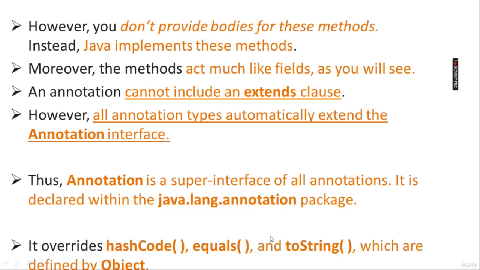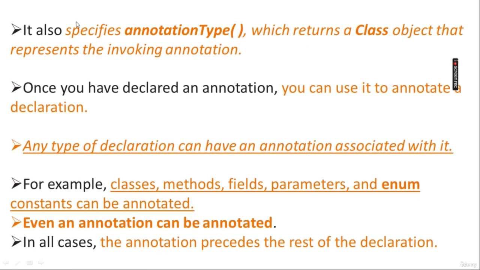All these methods are declared within the Object class, that is the base class of all Java programs. Now, it also specifies annotationType, which returns a Class object that represents the invoking annotation. So annotationType is a method.